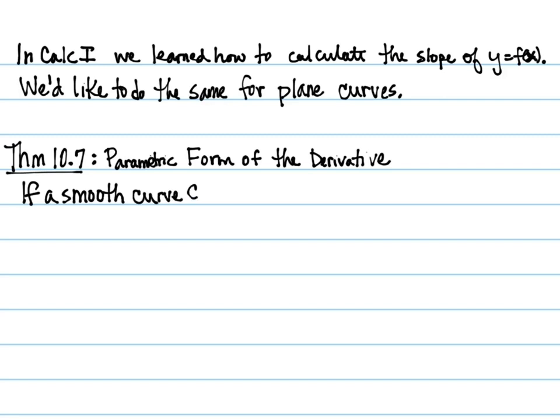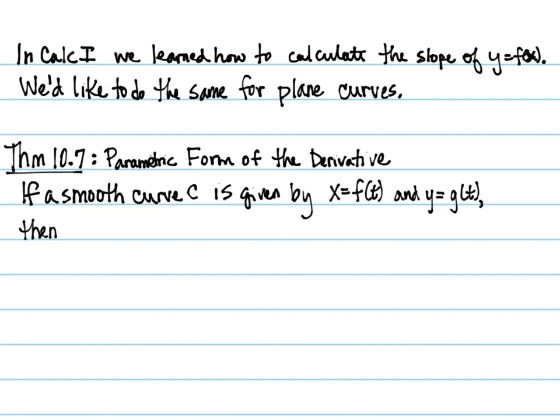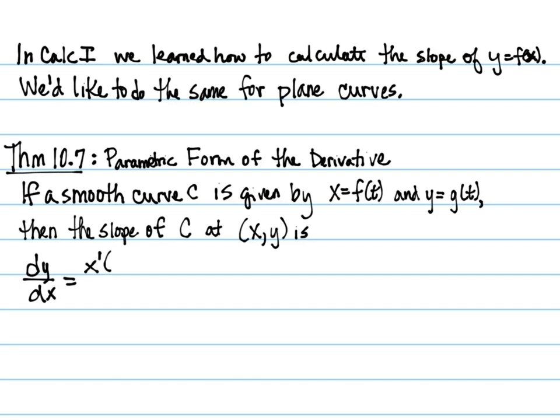If a smooth curve C is given by x equals f of t and y equals g of t, then the slope of C at a point (x, y) is dy/dx equals, I wrote that backwards, sorry, y prime of t over x prime of t.